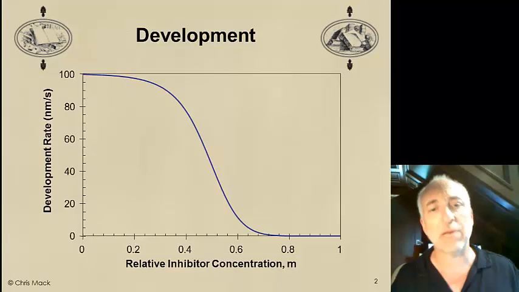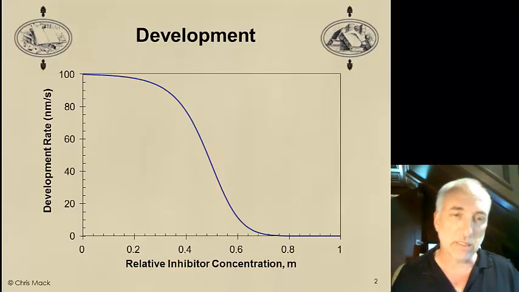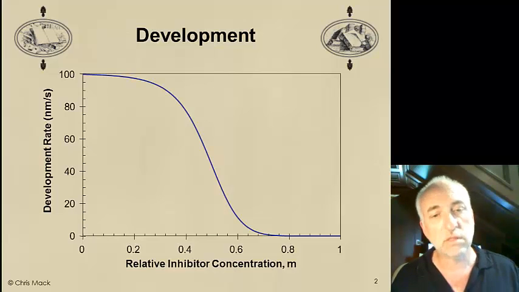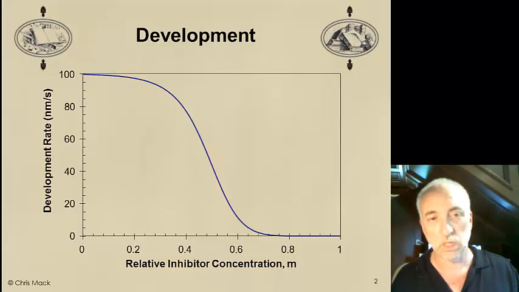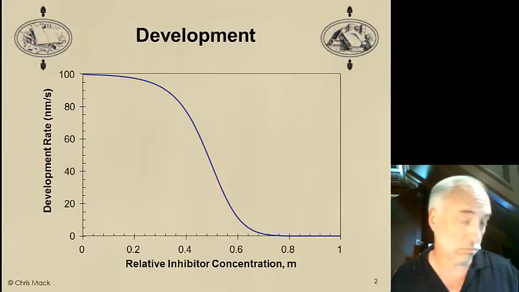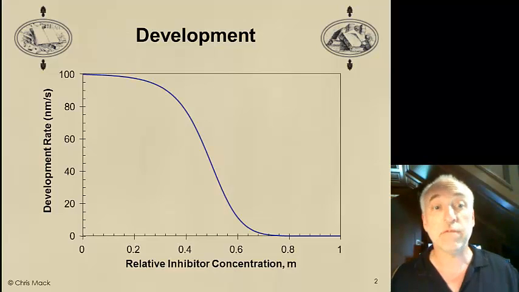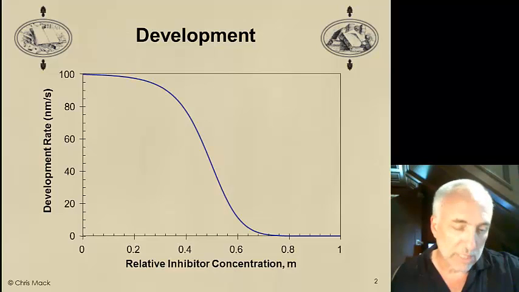So let's think about development in this way. The development rate will be defined as the rate at which the thickness of the resist changes with time. So development rate is some variable r with units of nanometers per second. You don't have to think about development going perfectly straight down.